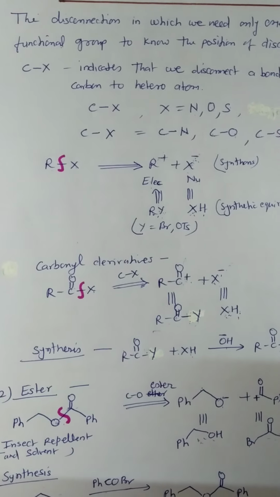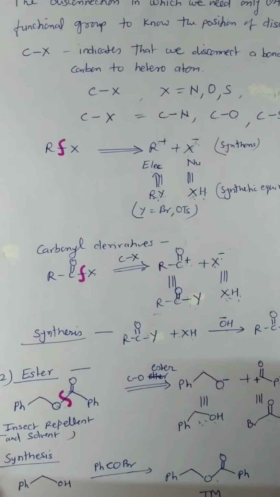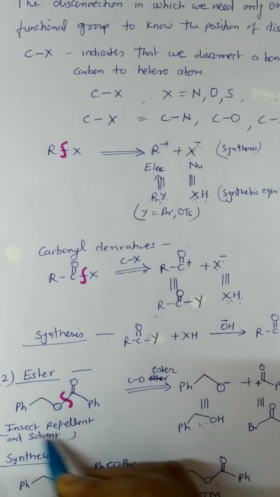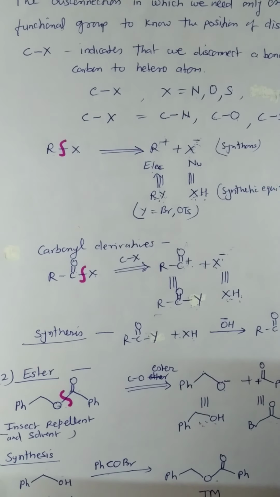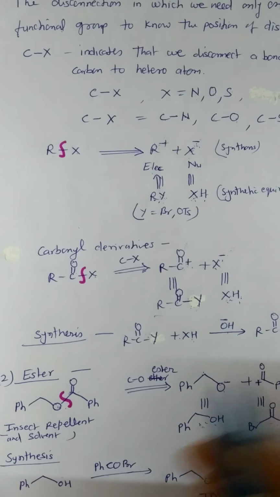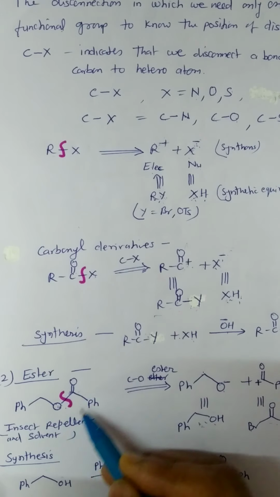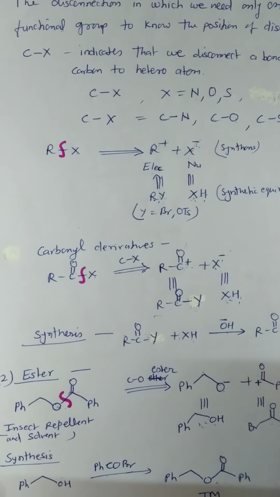In the case of esters, here this is the ester, and this ester is used as an insect repellent and as a solvent. Here we first recognize the functional group.